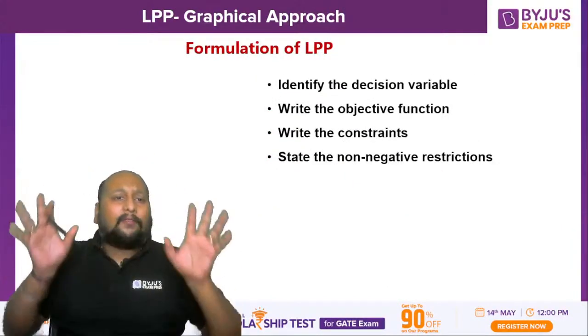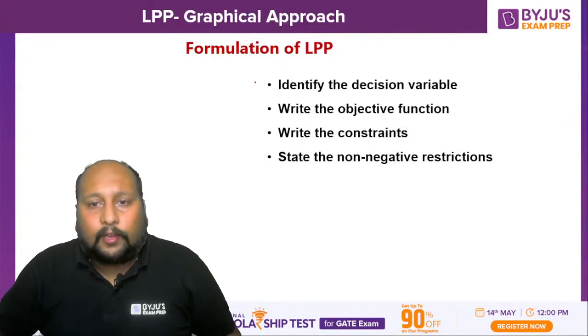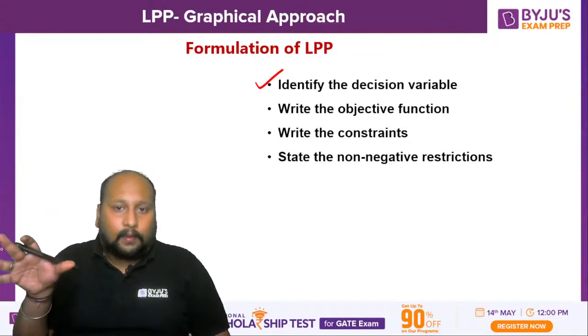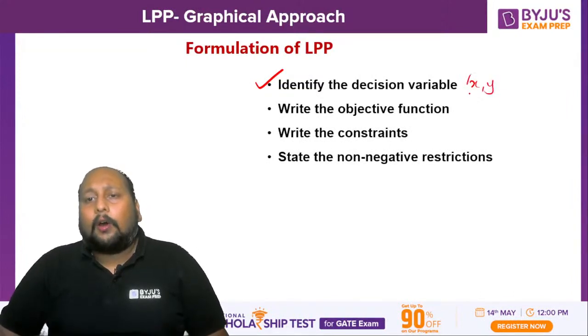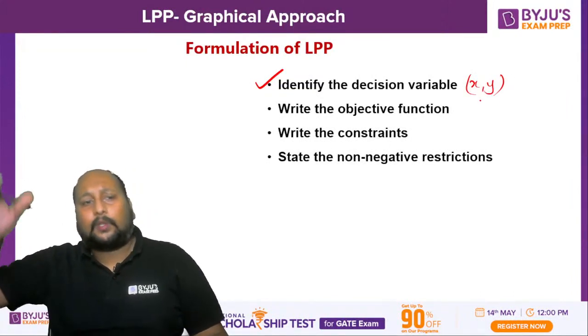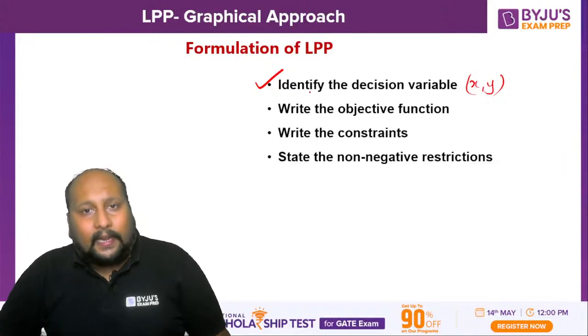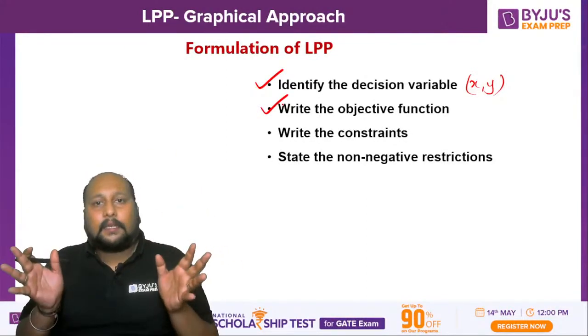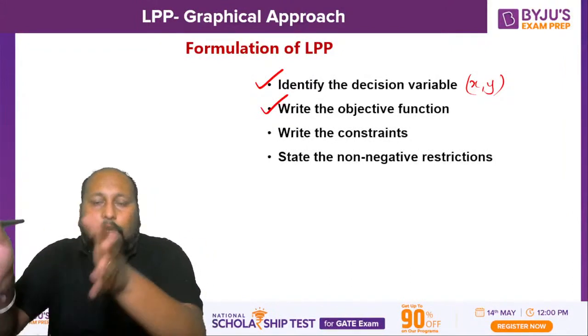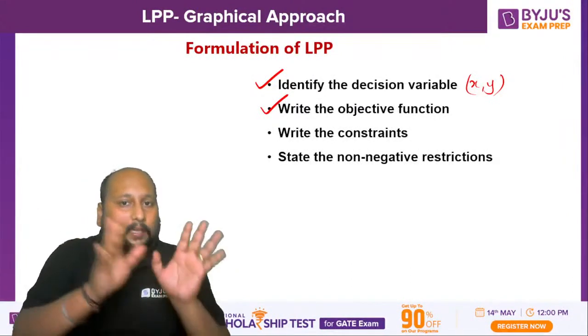So how can we formulate it? First of all, we need to identify the decision variable. It could be x or y or x1, x2, x3, or xyz, like this. Once we have identified the decision variable, second, we need to write the objective function. Objective function means whether we need to go for a maximization approach or a minimization approach, right?